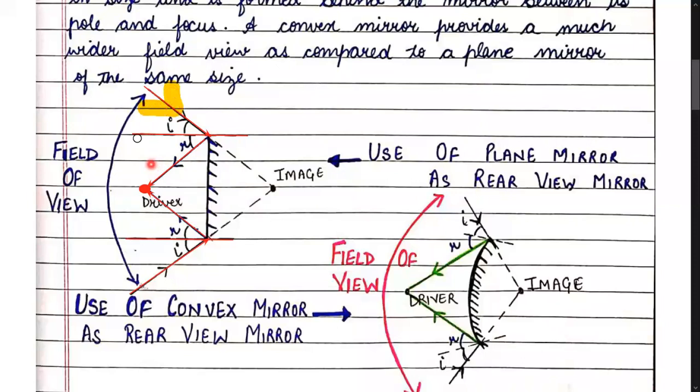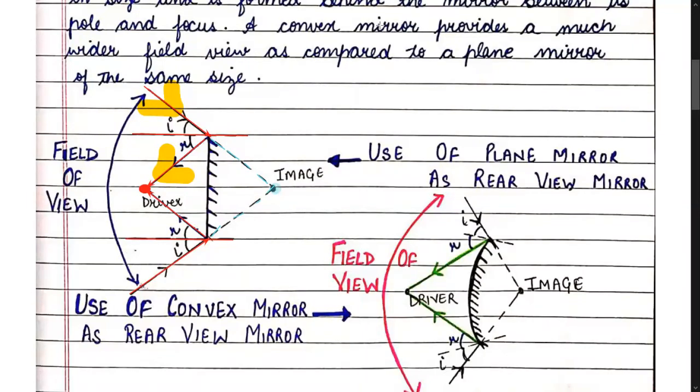In incident ray, the arrows are marked towards the plane mirror, while the reflected ray, the arrow is marked towards the driver. Now, if you draw the incident light and produce it backward, there is a point where the two incident rays will strike and an image is formed behind the plane mirror.